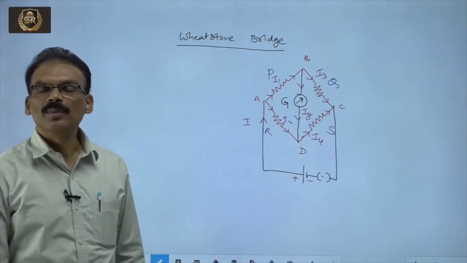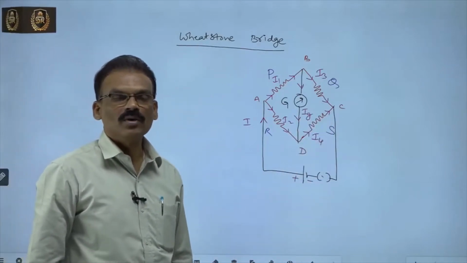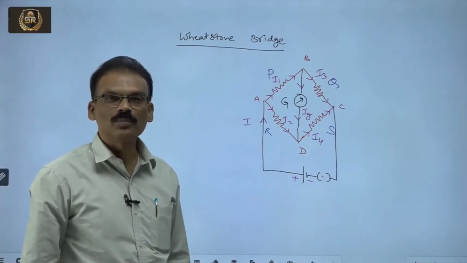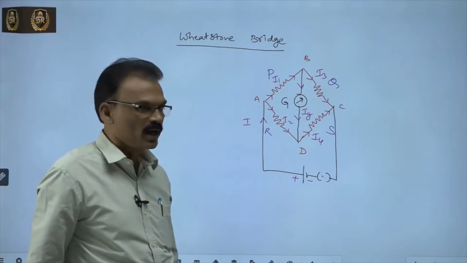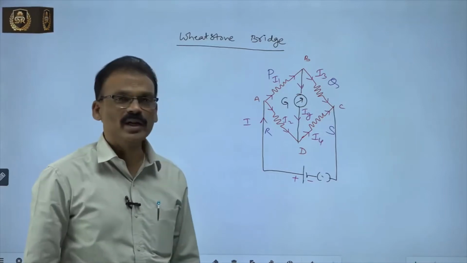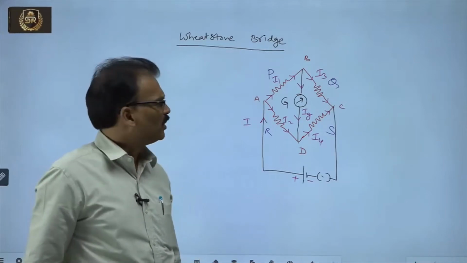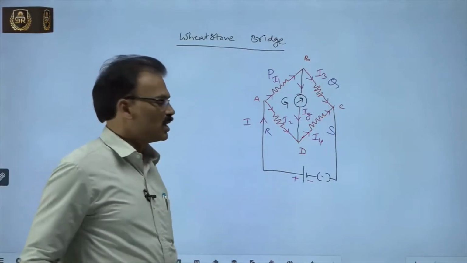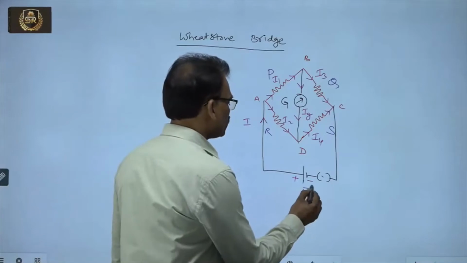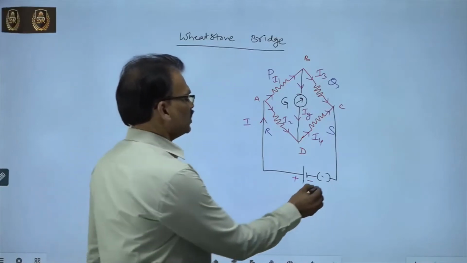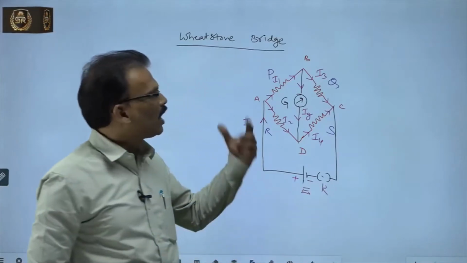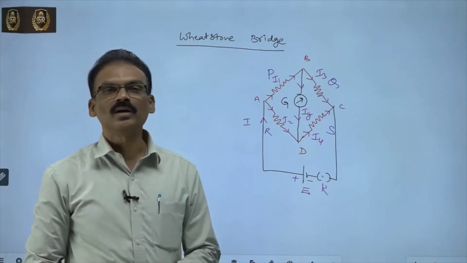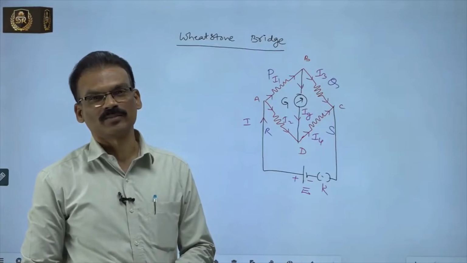See, ABCD is one quadrilateral having 4 sides. In 4 arms of that quadrilateral, 4 resistors P, Q, R, S are connected like that. Next, between any 2 opposite junctions, either between AC or BD, one cell with EMF E and a key will be connected like this. And between the other pair of opposite junctions BD, one galvanometer whose resistance is G is connected.